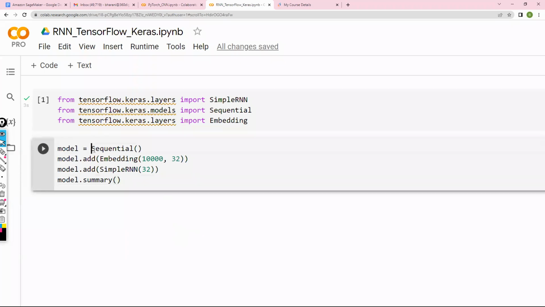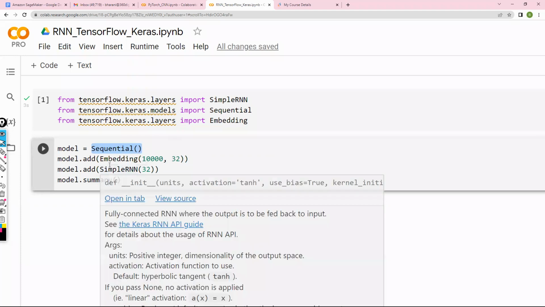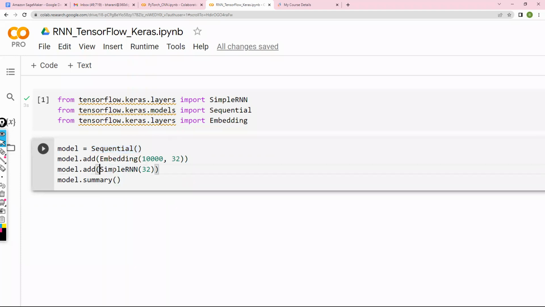So what we are doing is, we are saying, I want to have a sequential model. And I want every word to be represented in a dimension of 10,032. And then you want to take that data and supply it to 32 RNN units.